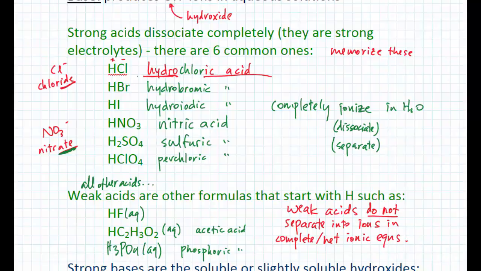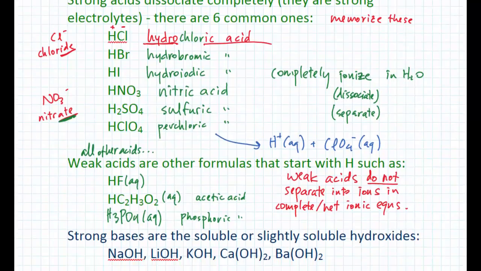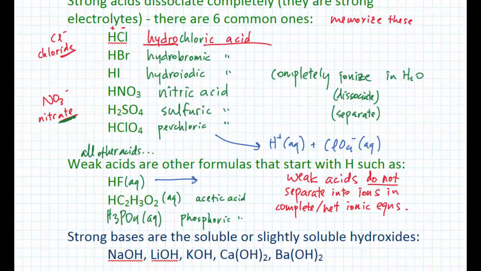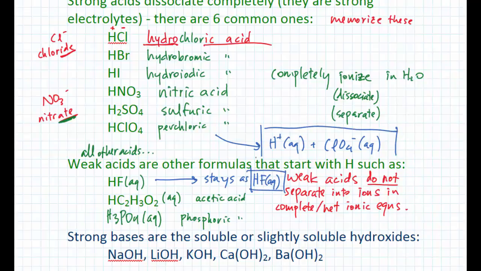Whereas any of the ones in this above list, for instance, would become H plus AQ and ClO4 minus AQ. Okay? Any of these would just stay, for instance, HF. Okay? So, don't forget about that. That's a very common mistake. It's an easy thing to overlook.